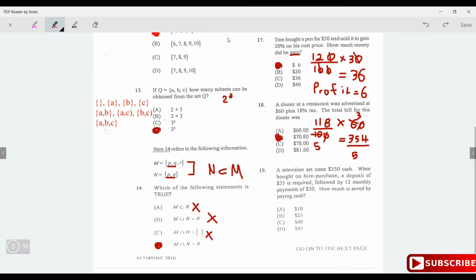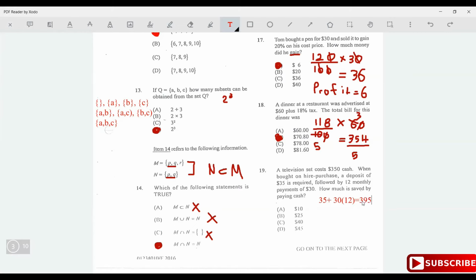All right. But look at this now. So first you have to pay $35 for the fixed installment. Plus, then you have to pay $30 monthly for 12 months. So this is what you're paying when you buy it on hire purchase, which is, I know that 30 times 12 is 360, and 360 plus 35 is 395.